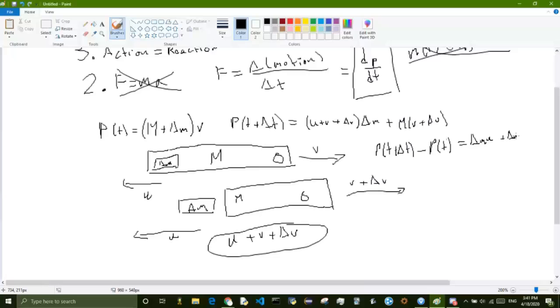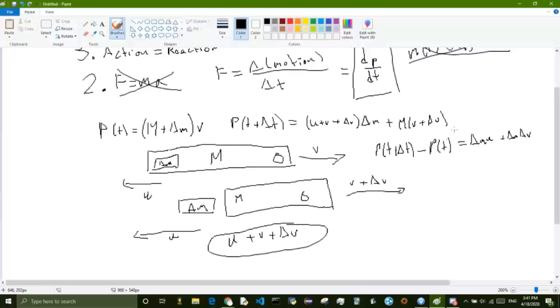Since momentum is conserved, shouldn't the two quantities, p of t and p of t plus delta t, be equal? I think nothing has changed in the system, so it seems like momentum would still have to be conserved.